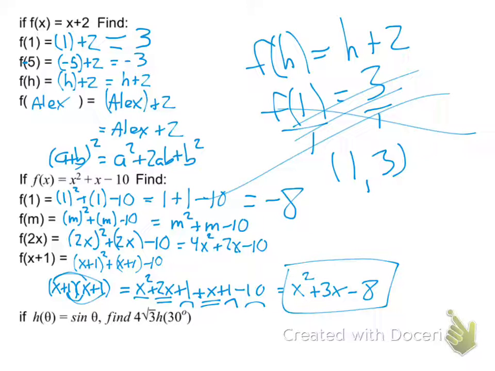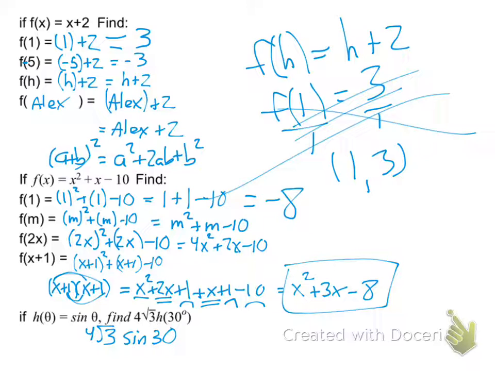Is that going to change? No. But I do have h of 30 degrees. So that means I need to replace the h of 30 degrees with the sine of 30. So 4 square root 3 times sine of 30, because h of 30 should mean that I'm using the sine of theta, and theta happens to be 30, because that's what's inside the parentheses where theta was.